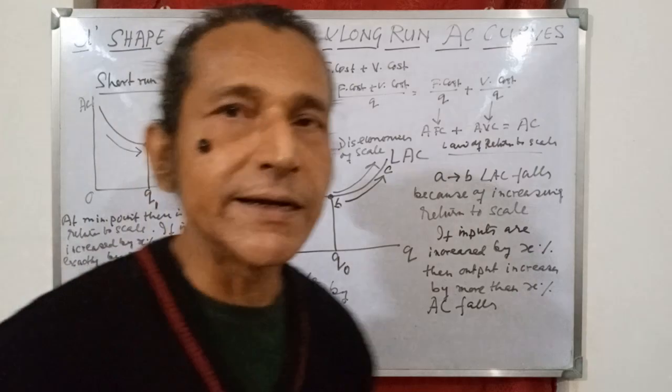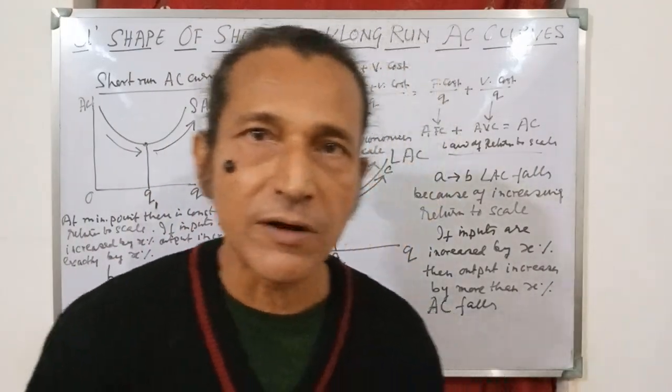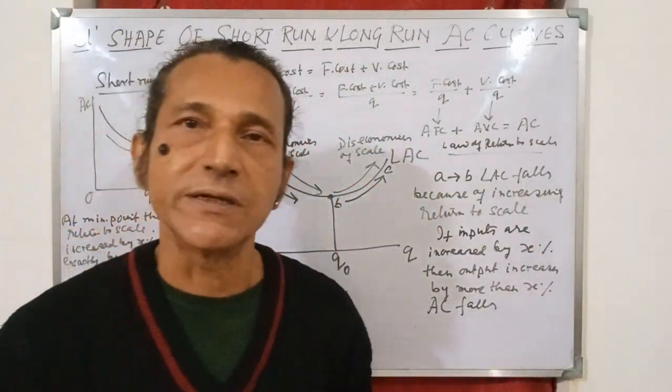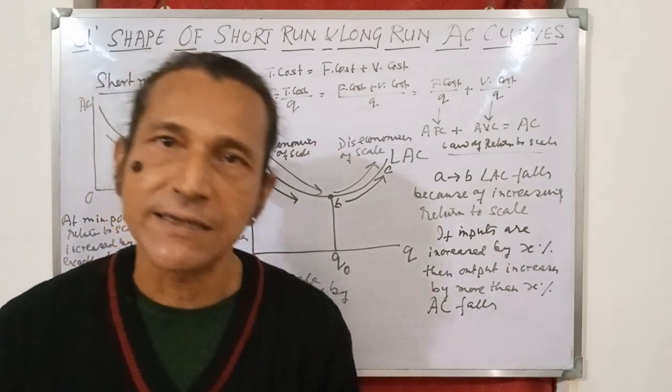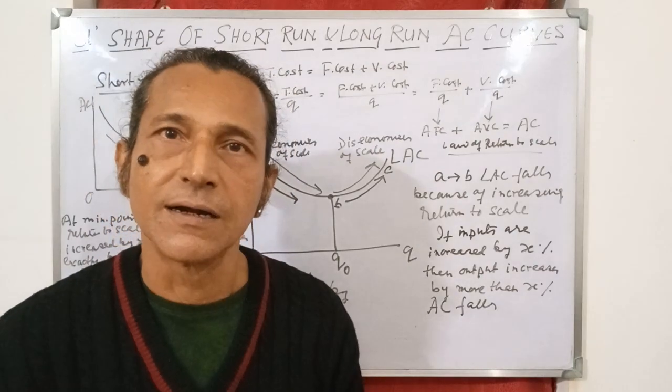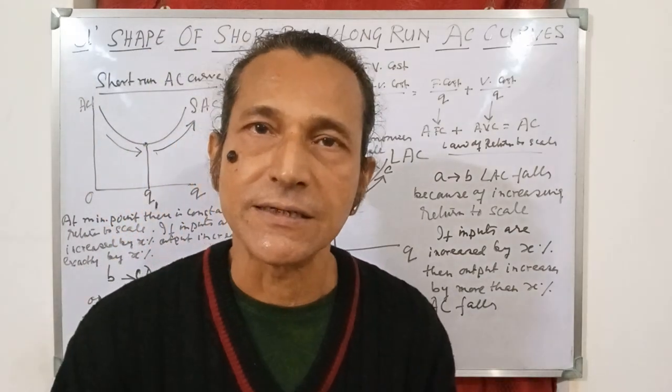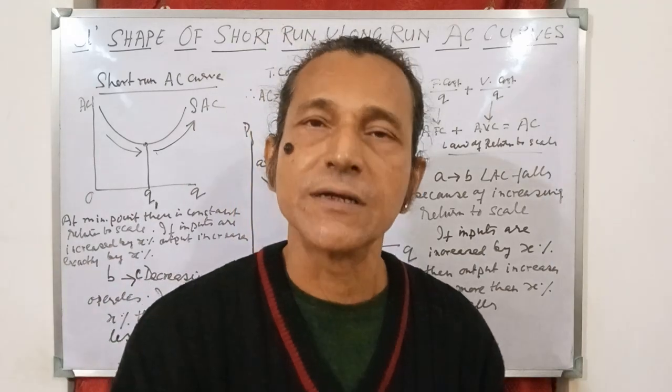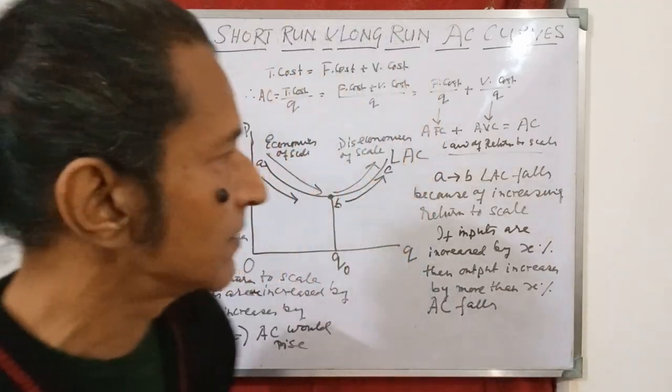So proportional increase in output is exactly equal to the given proportional increase in input. As a result, cost neither increases nor decreases. It remains constant. The average cost remains constant.